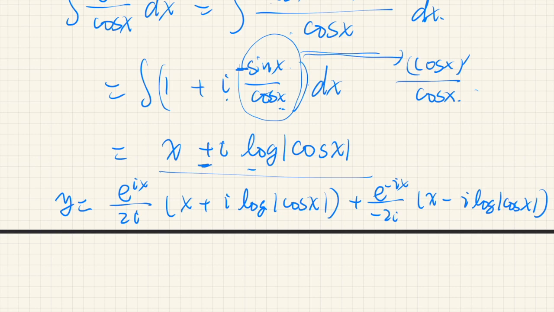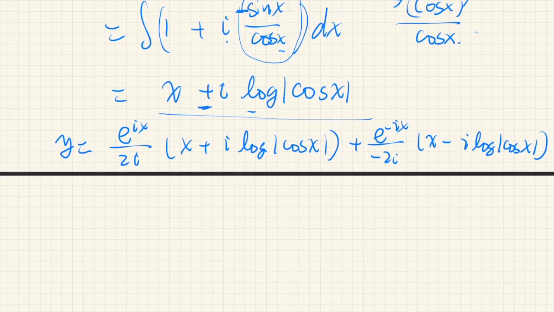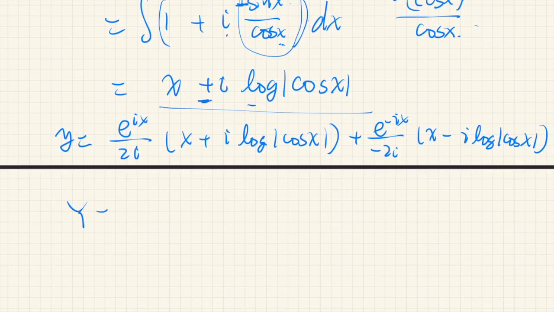But of course, we need to add the general solution of the homogeneous differential equation. Let's write capital Y for the general solution of the homogeneous equation, and that will be C1 exponential of ix and C2 exponential of negative ix, right? So these are very easy. So just add them.